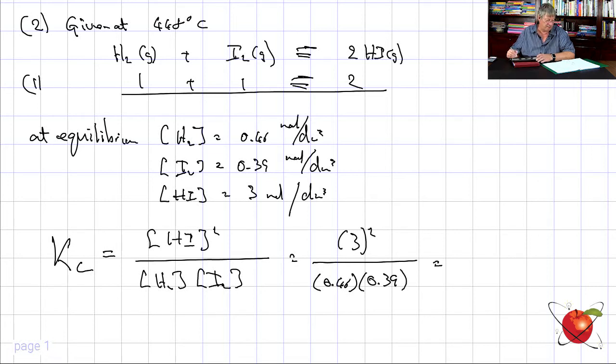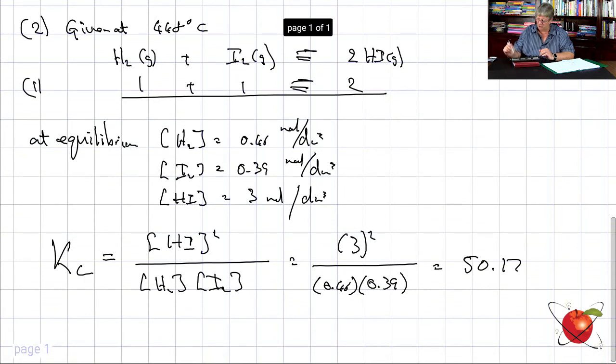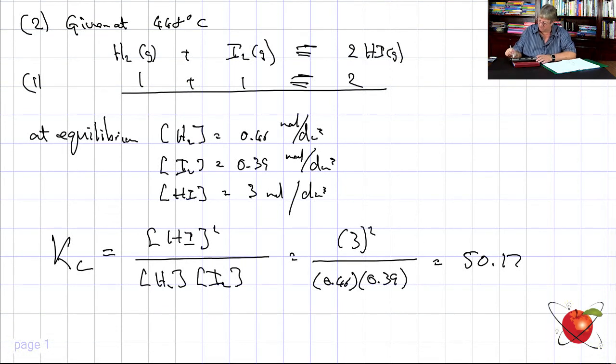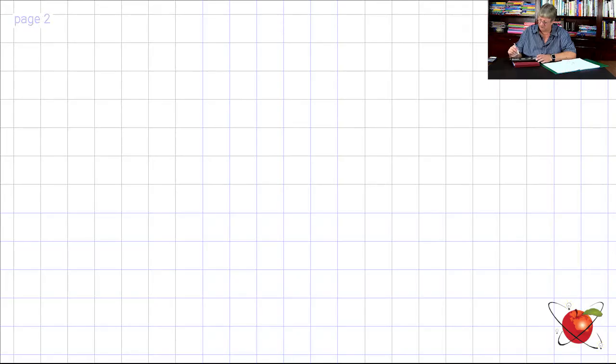And when I calculate that, I get 50.17. And no, there's no units. All I've done is put those into the expression of mass action, which is a very simple thing to do. The next part of this is they say, let's go and take this one up. Do the next one.